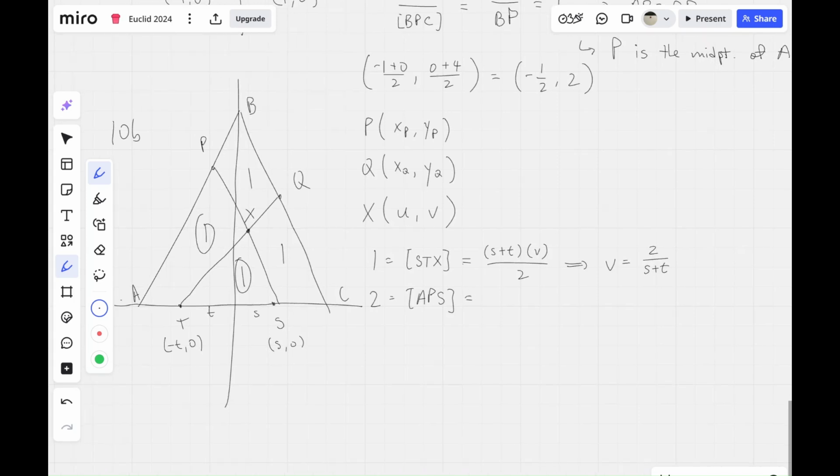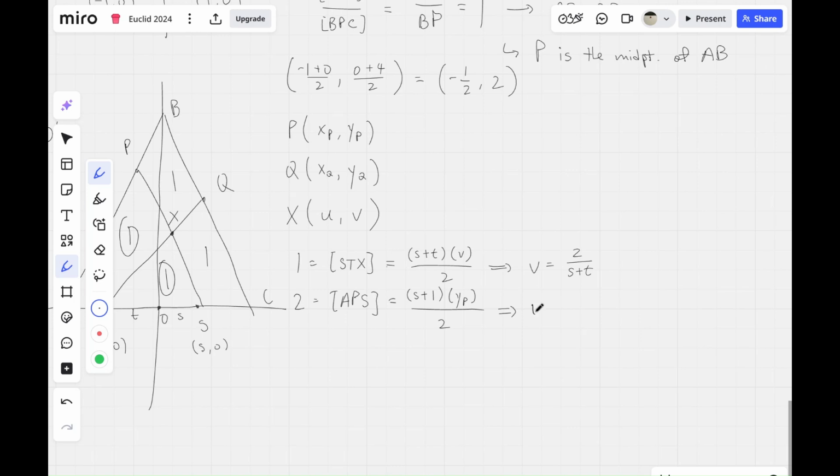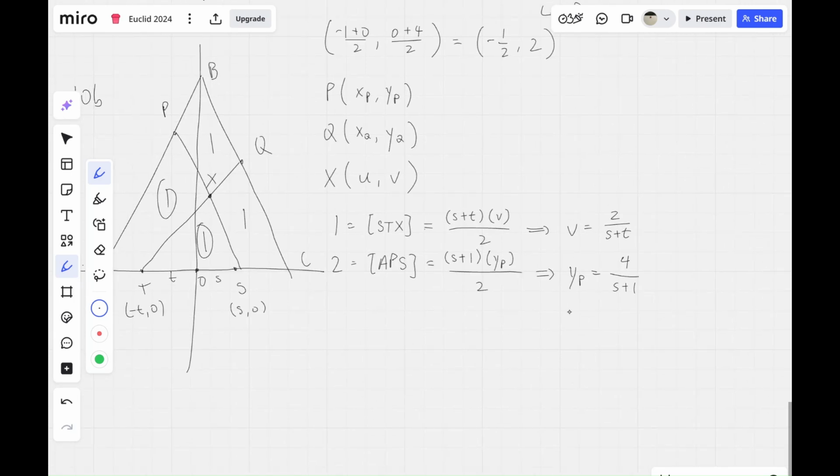Calling the origin O, AS is going to be AO plus OS, which is s plus 1, that's the base, and the height is going to be the y-coordinate of P. This gives that the y-coordinate of P is equal to 4 over (s + 1). By symmetry, we also have the y-coordinate of Q being equal to 4 over (t + 1).